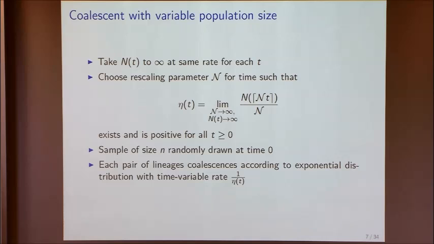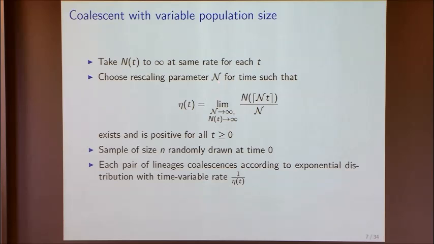Now you can take the same kind of continuum limit as we did earlier with population size that didn't change in time. So we'll take all these population sizes at every time to infinity at the same rate, and we'll choose a rescaling parameter so that we can get this continuous time process.